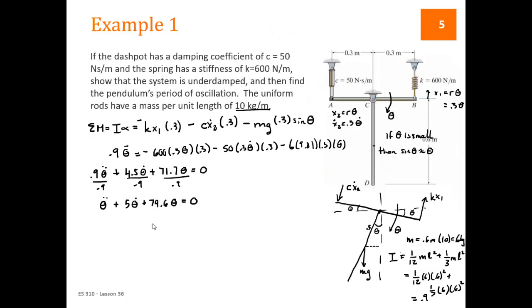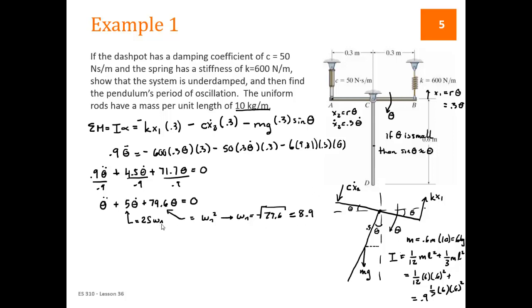So this term is equal to 2 zeta omega n, and this term is equal to omega n squared. So if this is equal to omega n squared, then omega n is equal to the square root of 79.6, which is equal to 8.9.